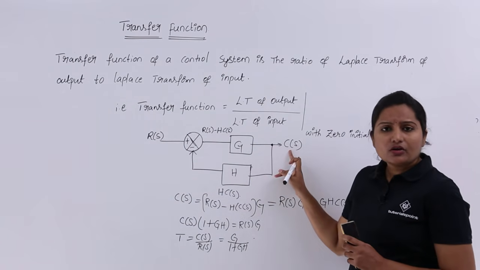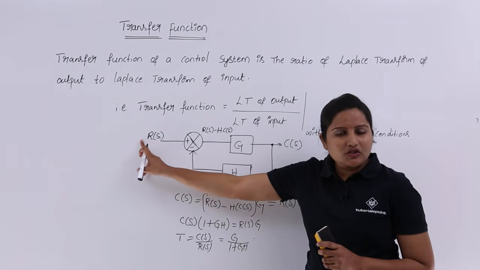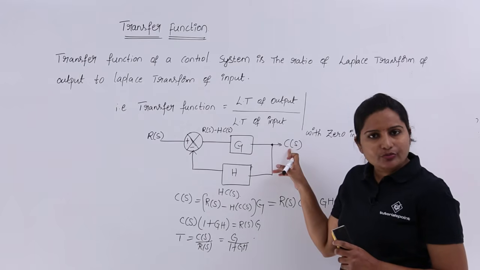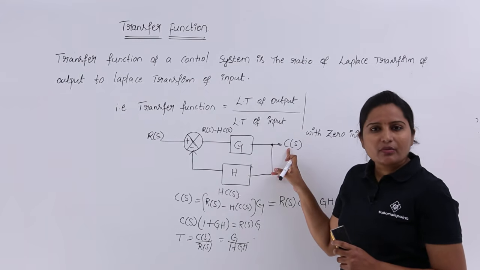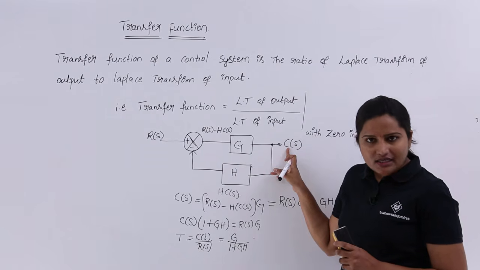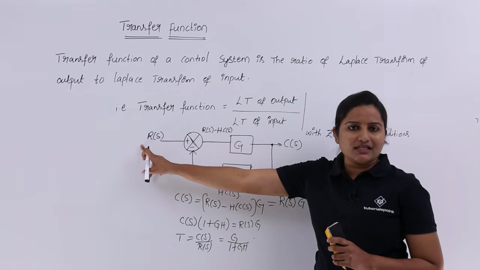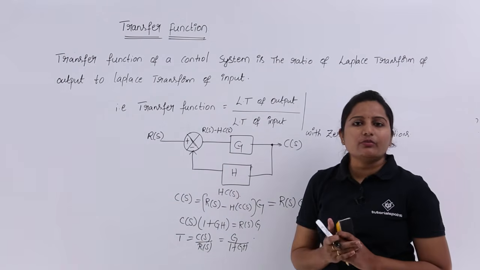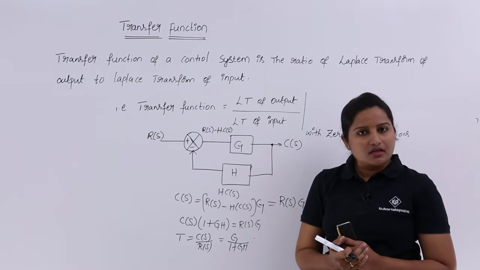This is the closed loop control system output, and this is the reference input, so that is why I represent it with R. Here the control system output I represent with C. The Laplace transform of this output is C(S), and the Laplace transform of the input or reference signal is R(S). When you get the C(S) by R(S) form, that is nothing but the transfer function of that particular control system.